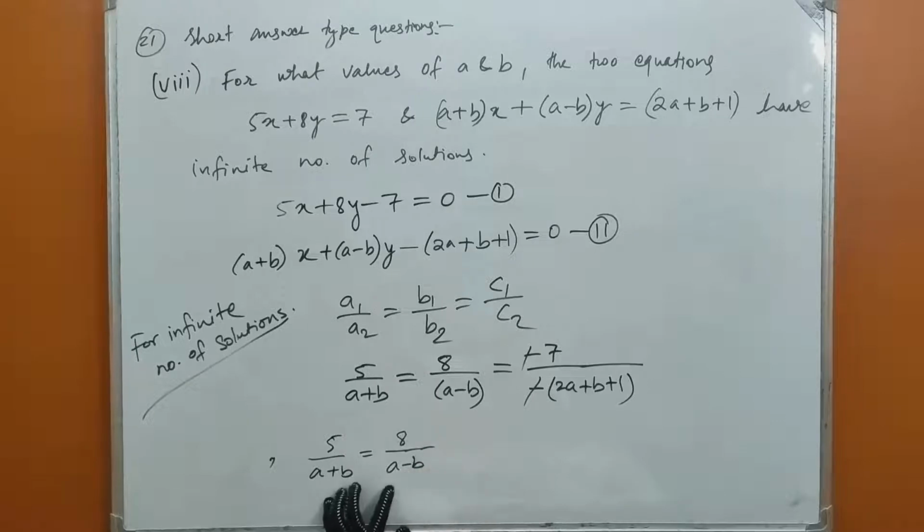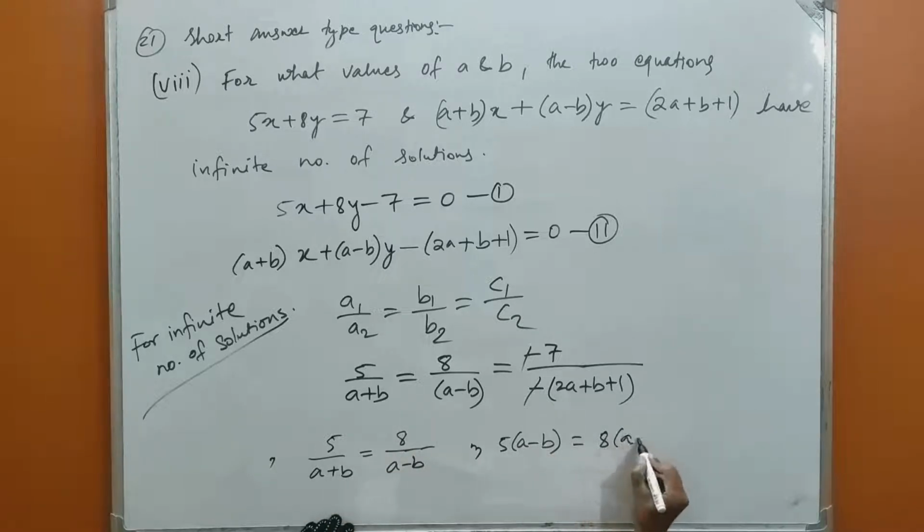From here we will find equation 1, and then again we will find equation 2. After that, solving equations 1 and 2, we will get the values. So 5 into a minus b equals 8 into a plus b.